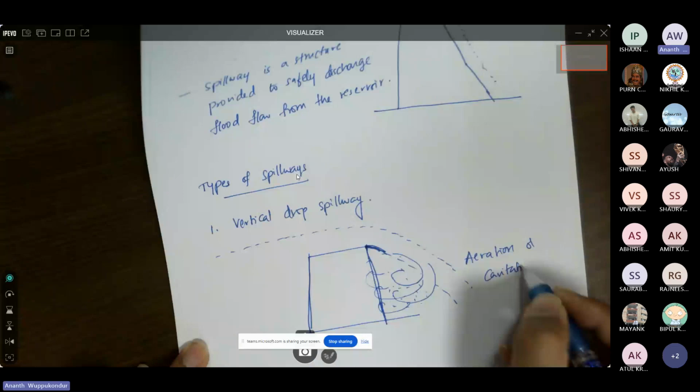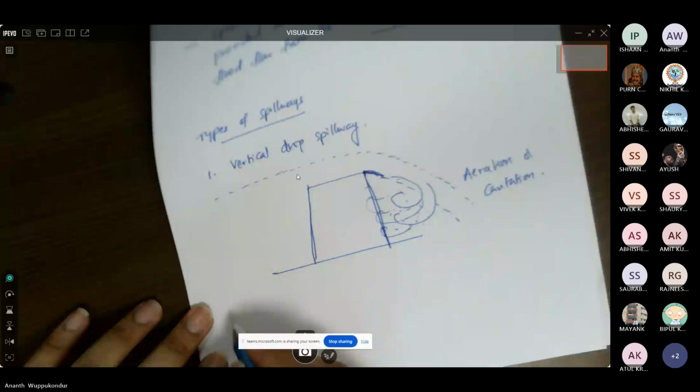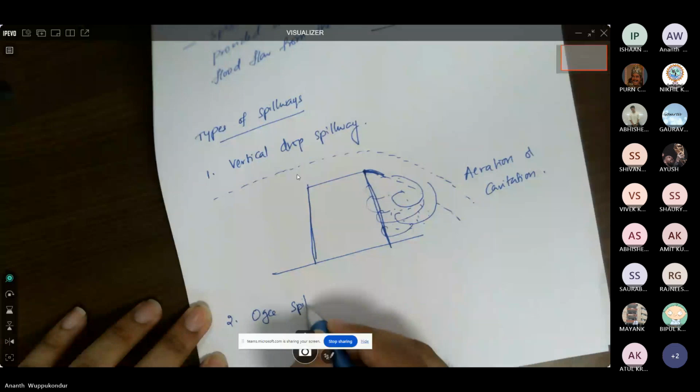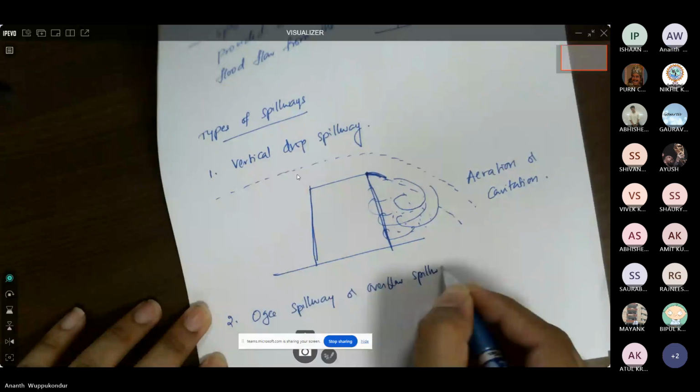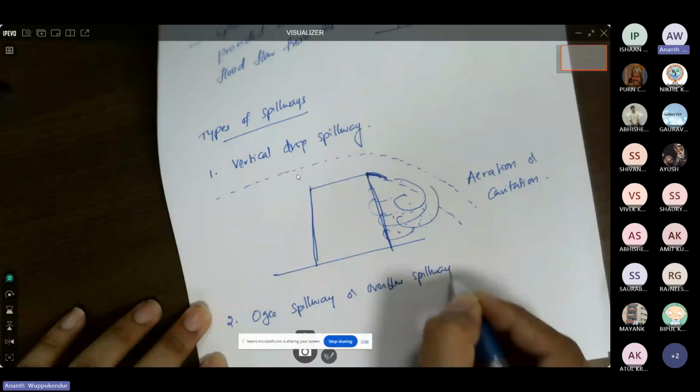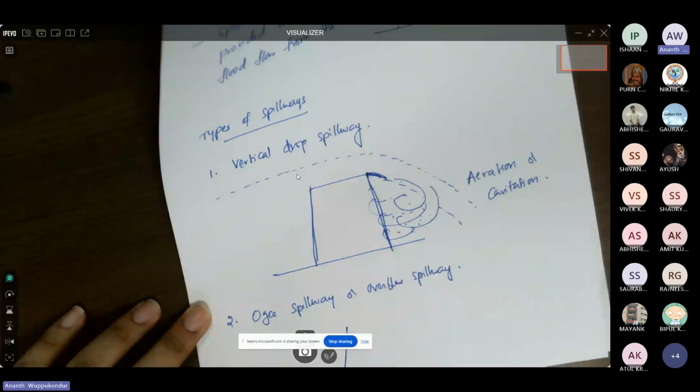And the second is the ogee spillway, or overflow spillway. So in this, what we would do is, let's say this is our upstream face. For the downstream, we provide a curved surface. So let's say this is a low height dam.